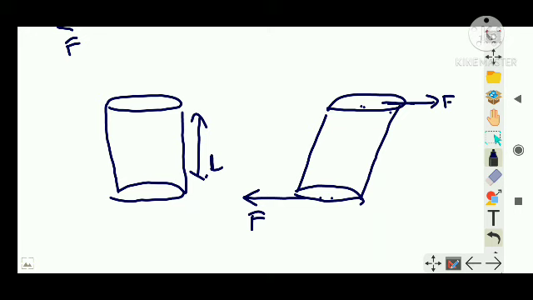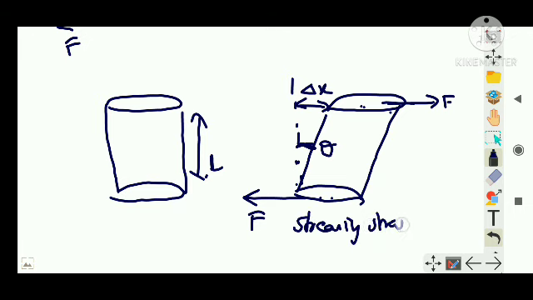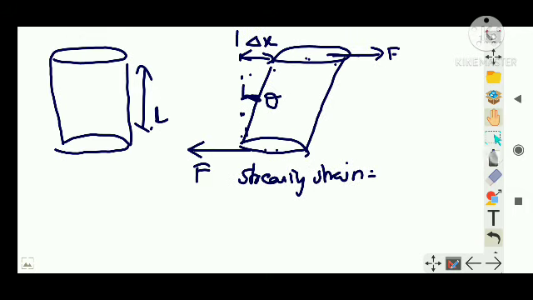This causes a small displacement at this section, right? Let's say this angle I can take as theta. Let's say this displacement is delta x. So shearing strain is equal to the change, and what is the initial thing?